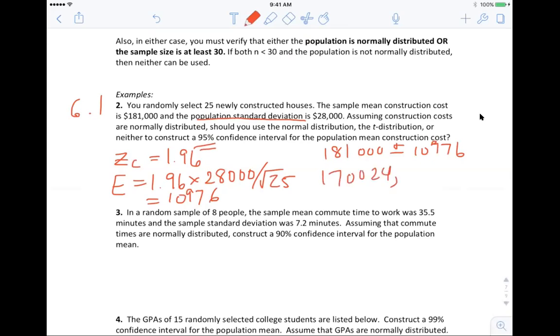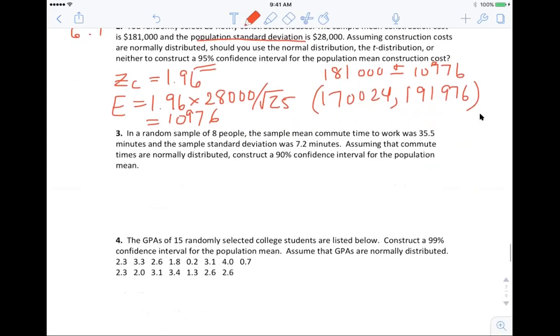So that's the -1. There's the +1. And we're done. Okay, next, number 3.